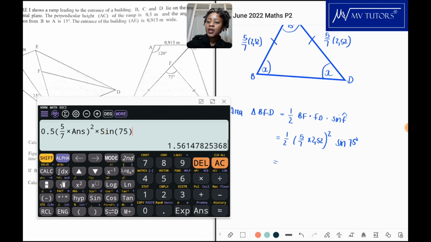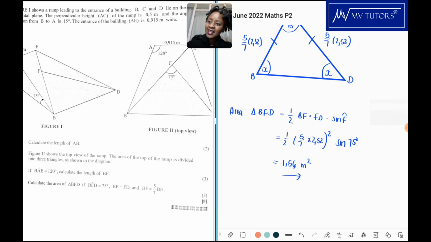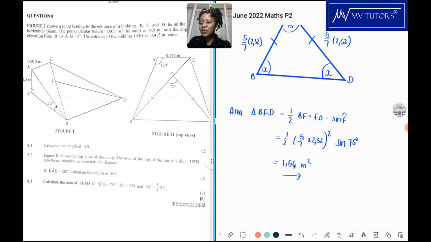So we get the area to be 1,56 meters squared, because everything has been in meters so far. So 1,56 meters squared, and we are done with this question.